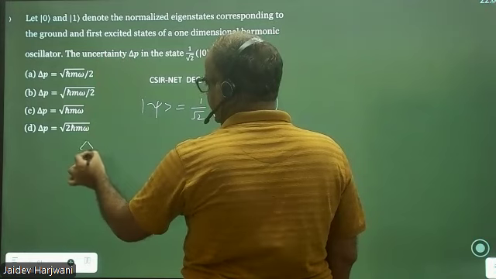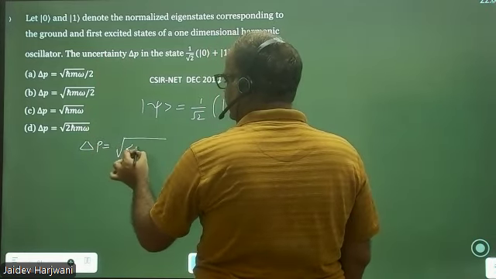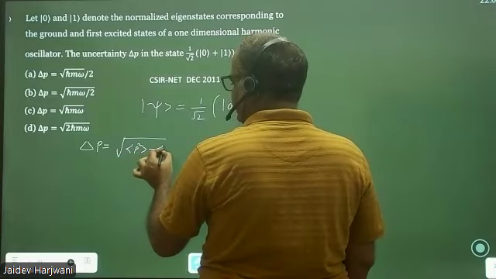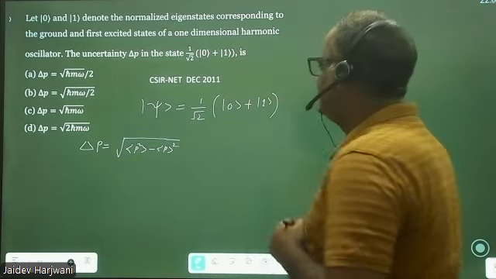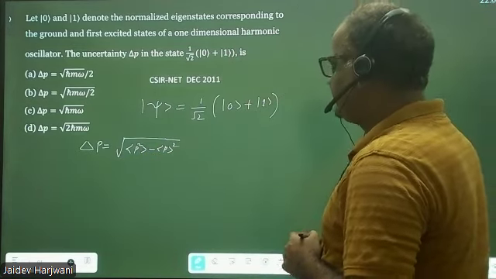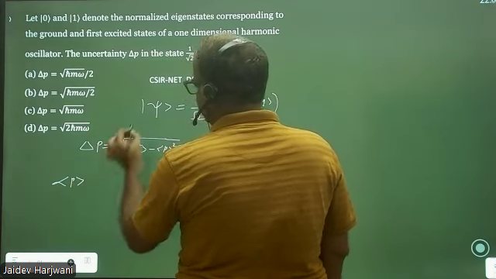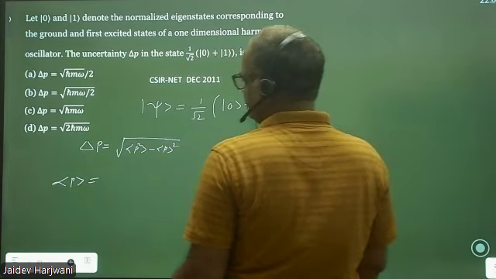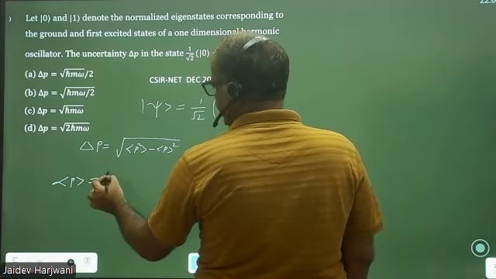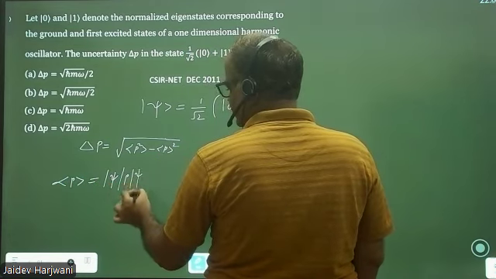So the uncertainty delta P is equal to under root of the expectation of P square minus the square of the expectation value of P. Let us first calculate the expectation value of P in the state psi, that is psi P psi.